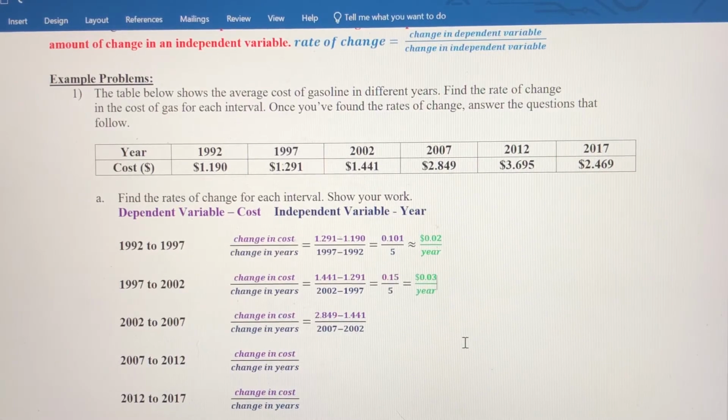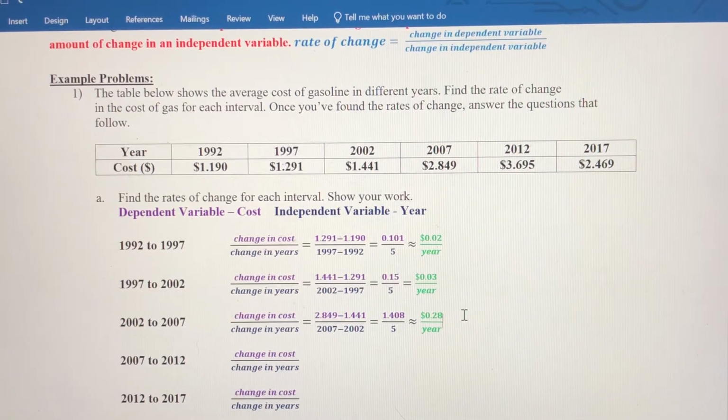When I subtract the numerator, gas went up almost $1.41 over that 5-year period. There's reasons why that happened, but that's a much greater increase than what we saw from 92 to 97 and from 97 to 02. So when I simplify that, gas went up over that 5-year period approximately 28 cents per gallon over the course of 1 year. So that's the average rate of change.